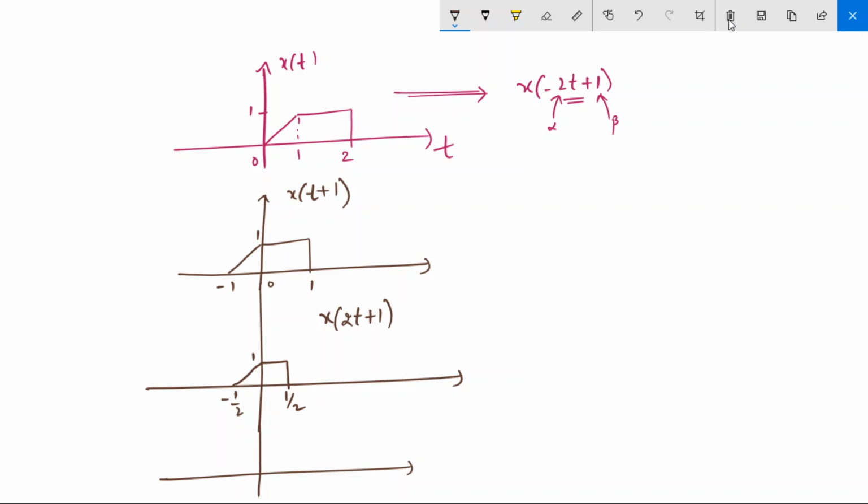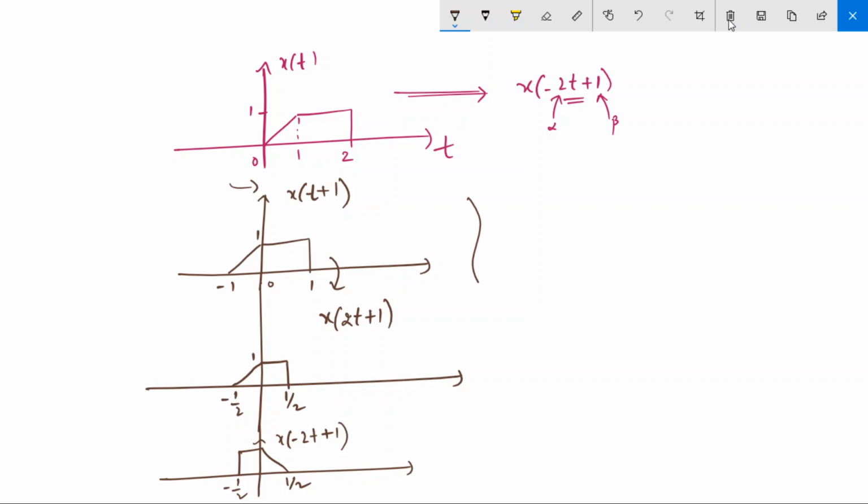So when you fold it, you will get like this. Okay, 1 by 2, this is minus 1 by 2. So this is my x of minus 2t plus 1. So first shifting, your t becomes t plus 1, then scaling, t becomes 2t, it is compressed by 2, then folding, your t becomes simply minus t.